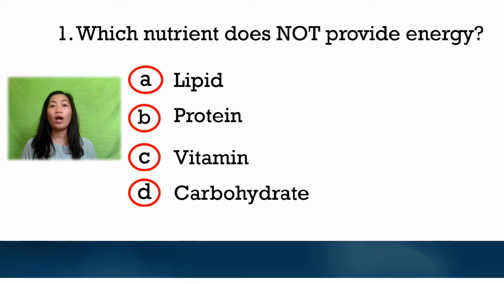Again, we are asking which group of food does not provide energy. Okay. You can write the answer now on your notebook, or if you have your book, you can darken it.